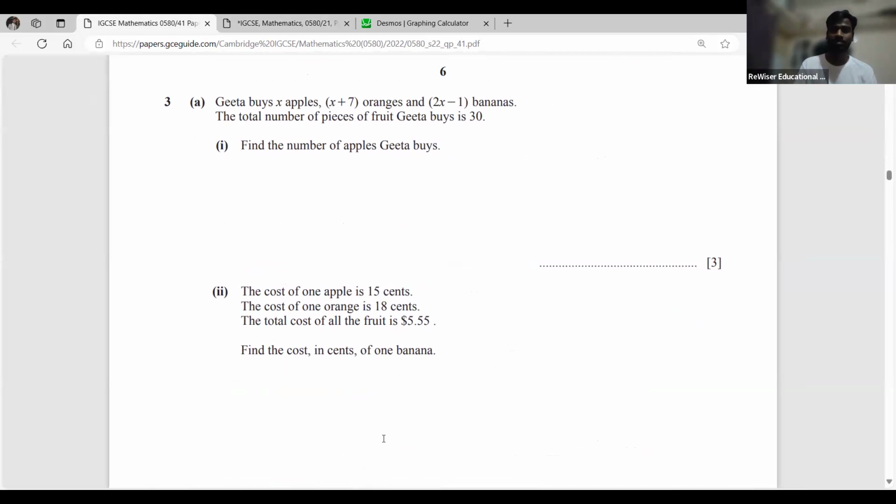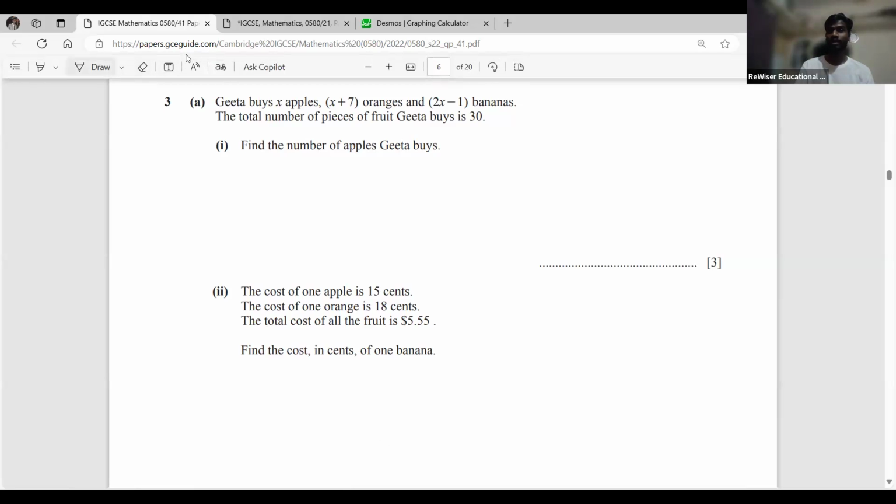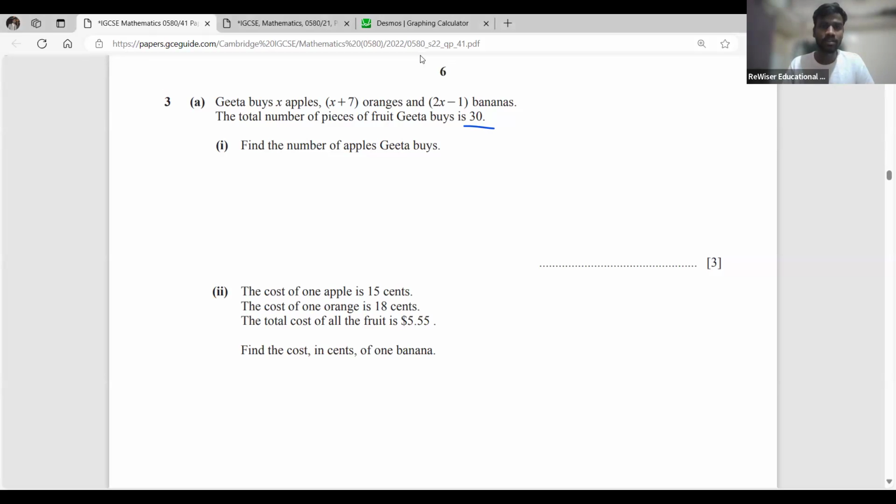Geeta buys X apples, X plus 7 oranges, and 2X minus 1 bananas. The total number of pieces of fruit Geeta buys is 30. Find the number of apples Geeta buys.